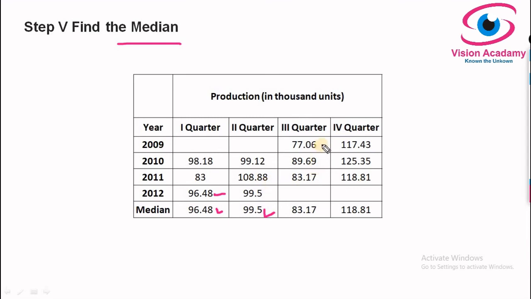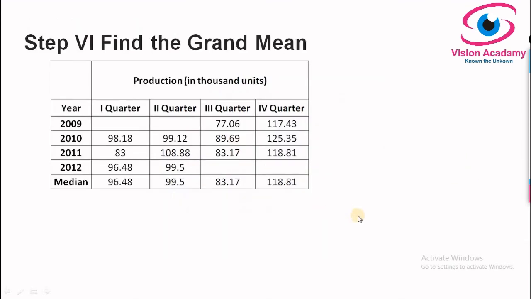For the third quarter I have taken 83.17 as the median; 77.06 is the lowest, 89.69 is the highest. In the fourth quarter I have considered 118.81, because 117 is the lowest and 125 is the highest. So after obtaining the median, we shall calculate the grand mean.